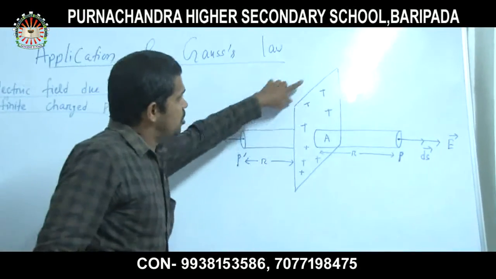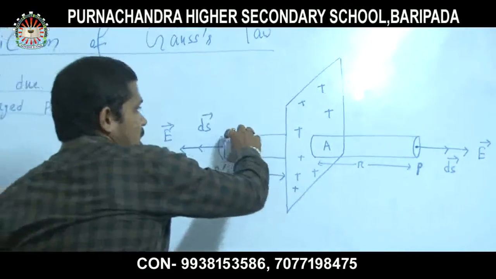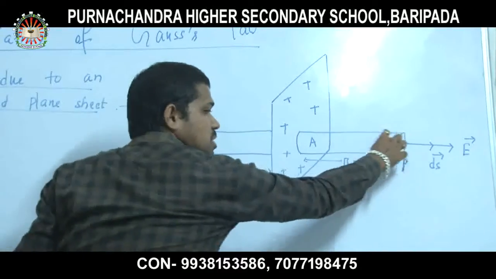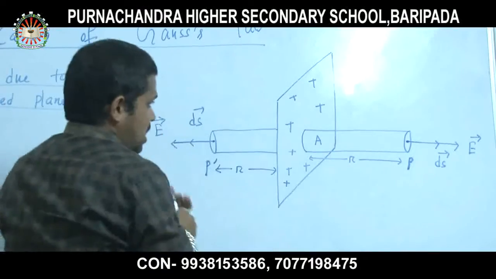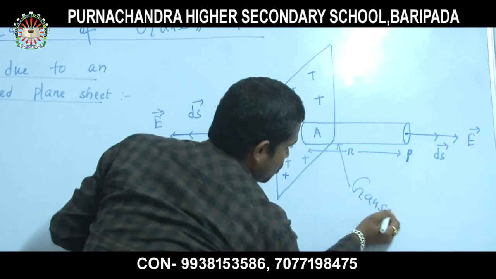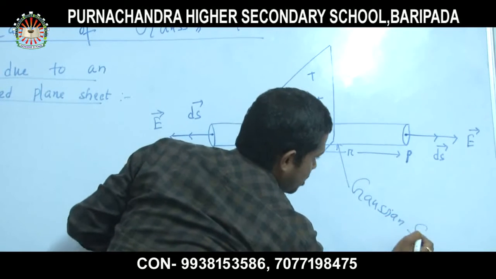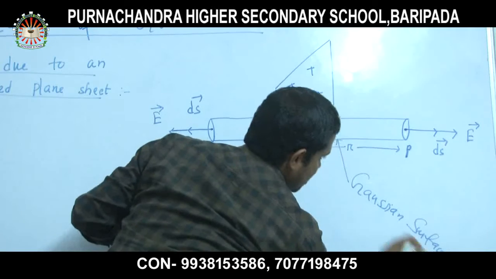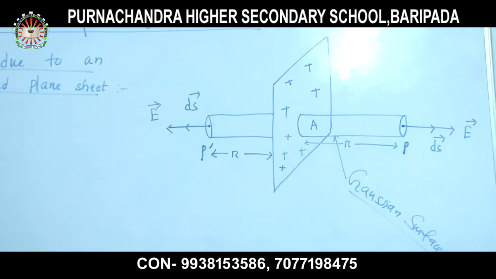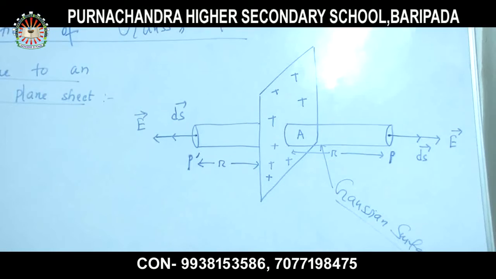Similarly, look here. For this charged sheet, we have a block as the Gaussian surface. This is very important. So this is your Gaussian surface, which is an imaginary surface. Remember that. This Gaussian surface is imaginary, it is not a real one.